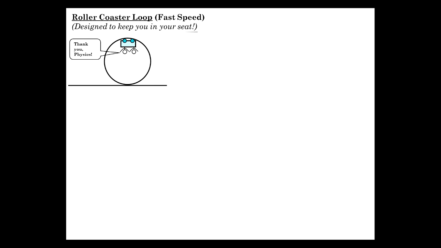And now we come again to the too fast roller coaster loop, which is designed to keep you in your seat. Thank you, physics. You don't come out of the seat, which may still be a little mysterious to you since the real forces are all acting downward. Why do you stay in your seat? Well, I'll tell you the answer.